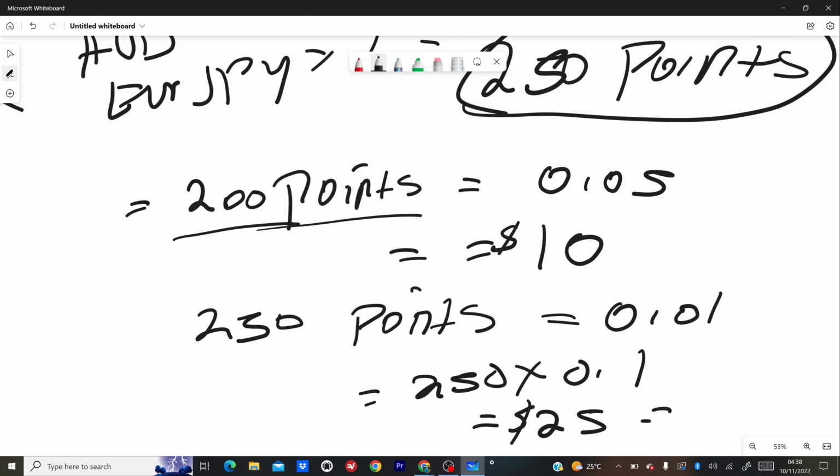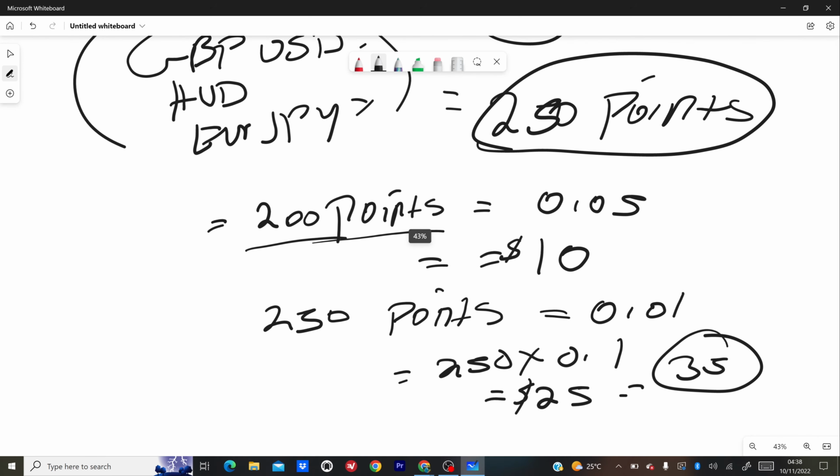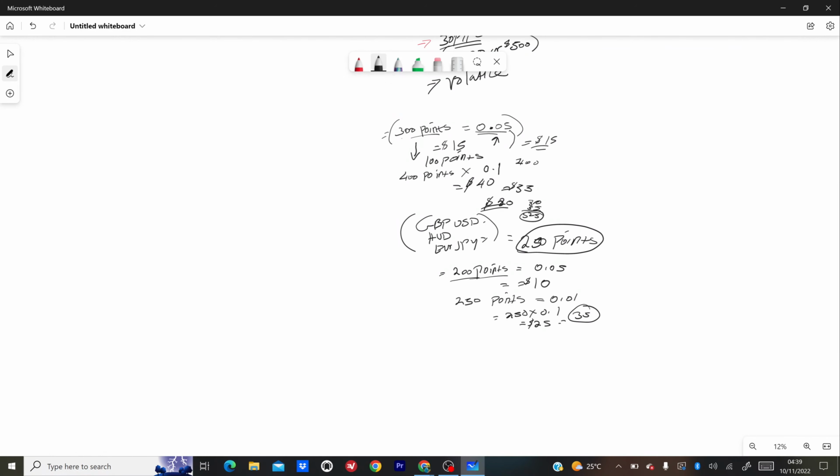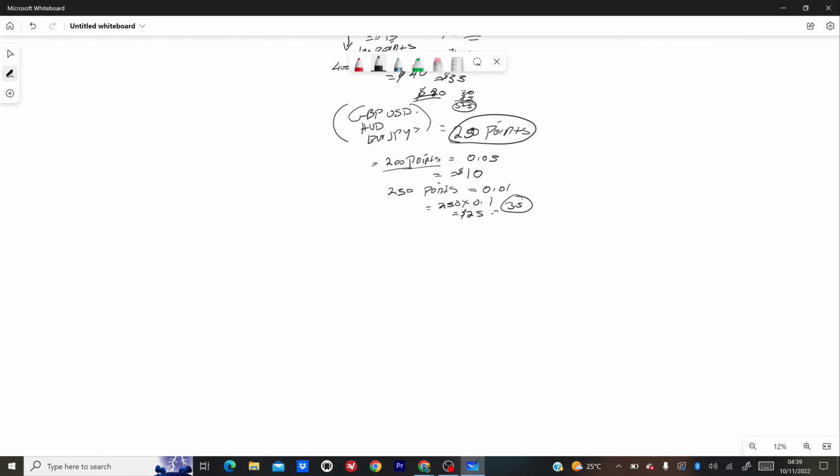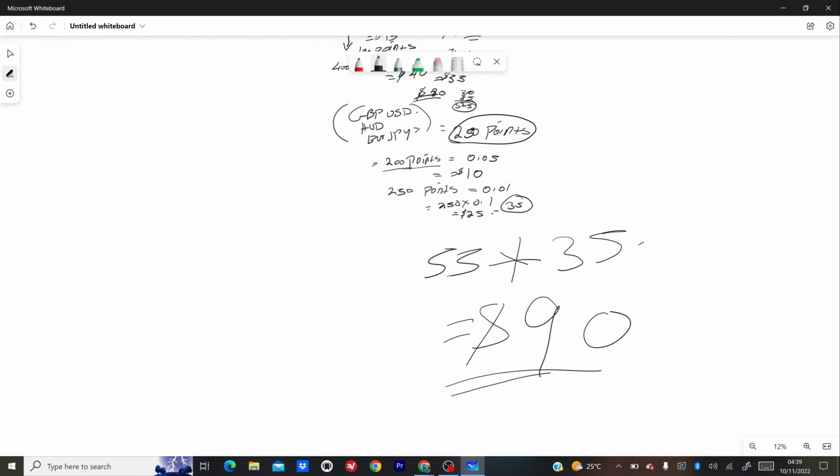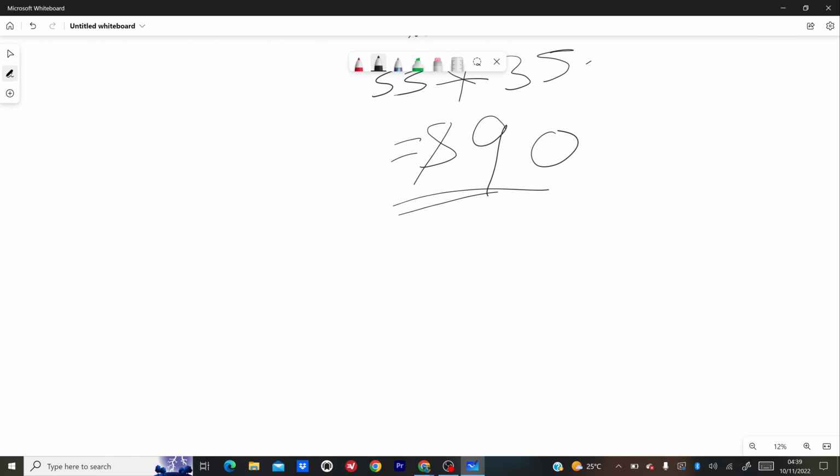So $25 plus $10, that is $35 over here. $35 plus 55, this will be $90. So this will be above 10,000 Kenya shillings every day that you will be making.